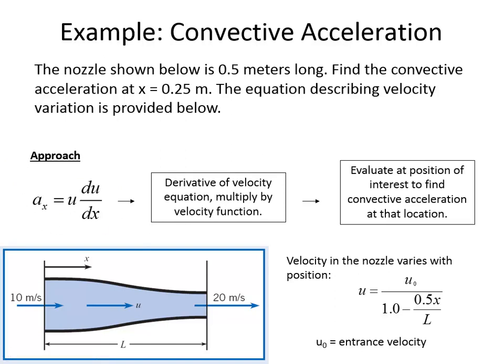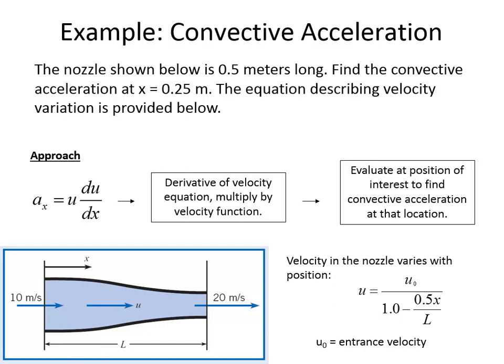It's the velocity at a certain point multiplied by the change in velocity with respect to position. Here in this example, we're interested in the midpoint, halfway between the entrance and the exit. If the entire L is 0.5 meters and we are at a point right here, then we're going to calculate the magnitude of the convective acceleration at the midpoint.